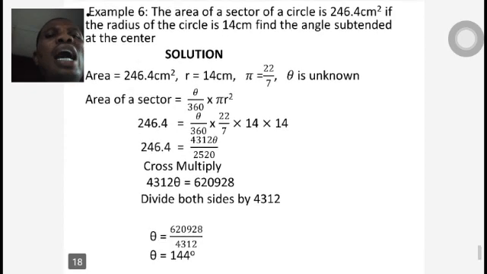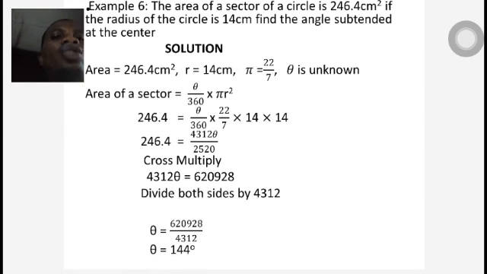So you now have theta times 22 times 14 times 14 will give us 4312 theta over 360 times 7, which gives us 2520. So now we have 246.4 is equal to 4312 theta over 2520.